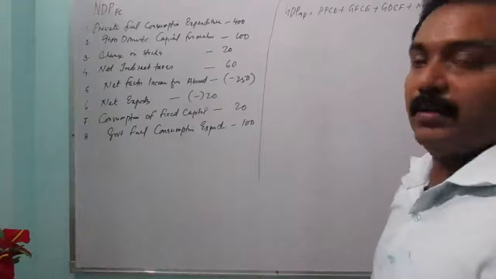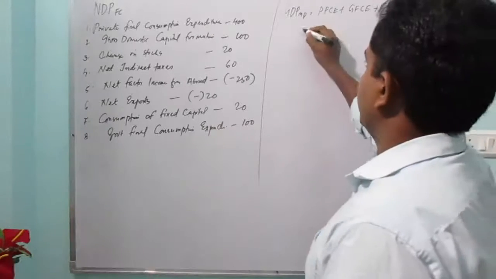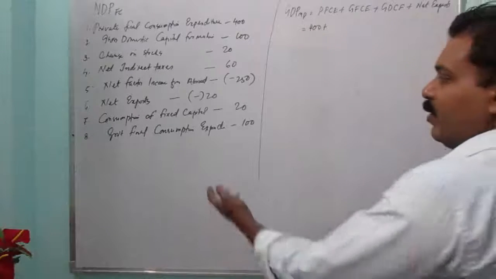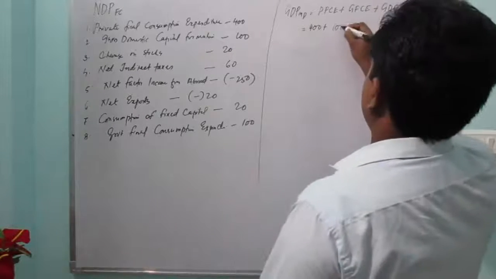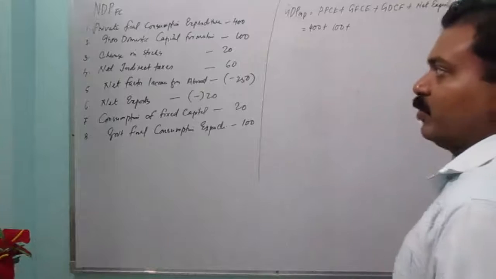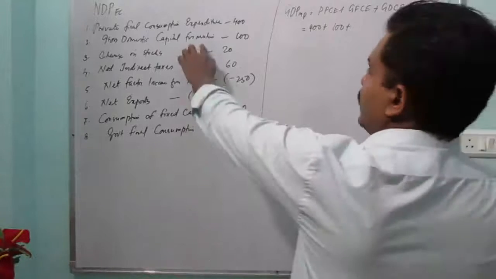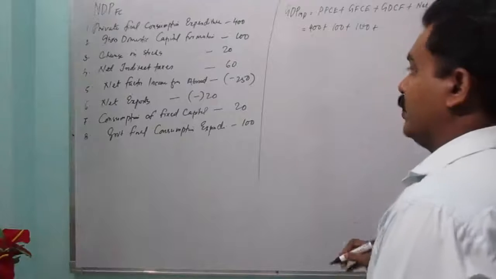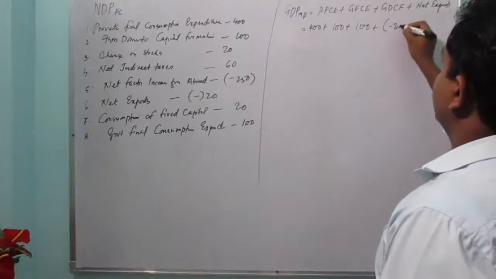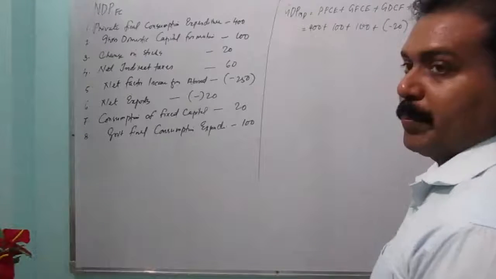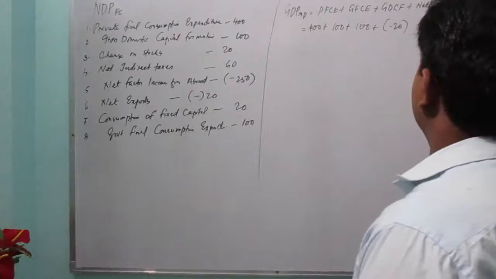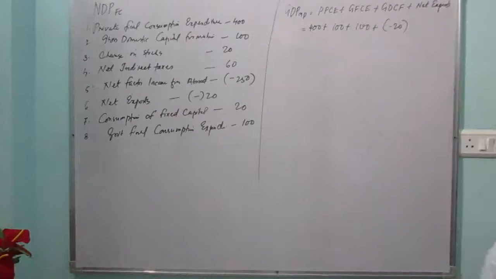Private final consumption expenditure is 400, plus government final consumption expenditure 100, gross domestic capital formation 100, plus net export, which is minus 20.